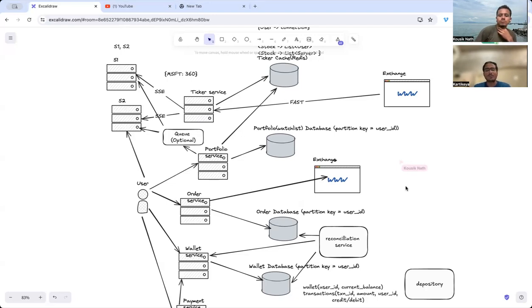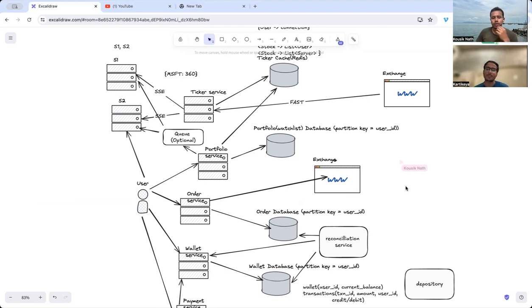A good number is to have at least two replicas within the same data center, but if you have multiple data centers, you should have some copies in those data centers as well. If you want to scale your read load, you can also increase the number of replicas, so some of the reads can go to your read replicas.